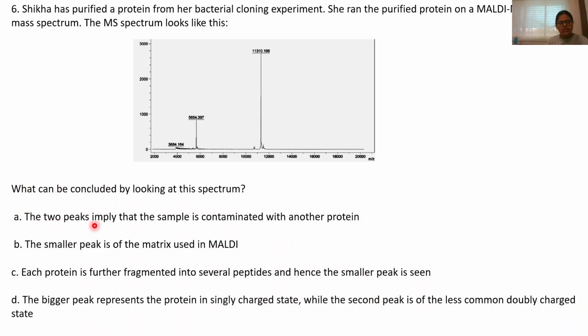Option A, two peaks imply that the sample is contaminated with another protein. B, smaller peak is of matrix used in MALDI. C, the protein is further fragmented into several peptides, and hence the smaller peak is seen. D, the bigger peak represents the protein in singly charged state, while the second peak is of less commonly doubly charged state.